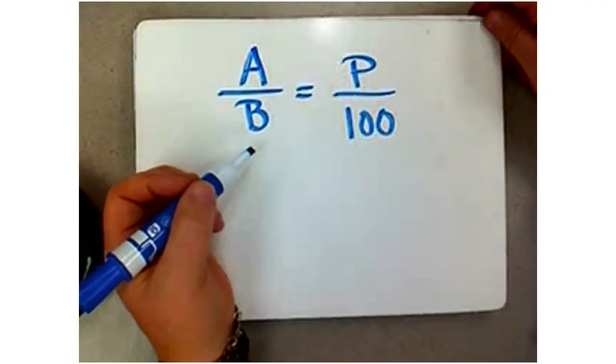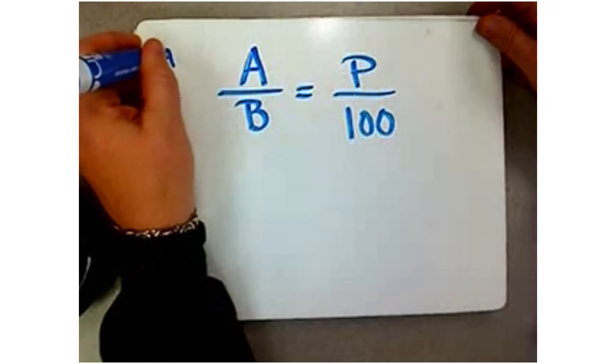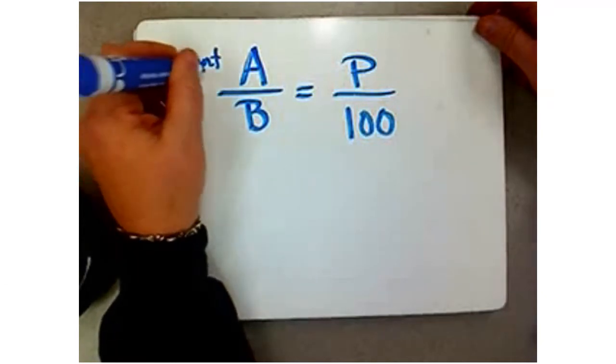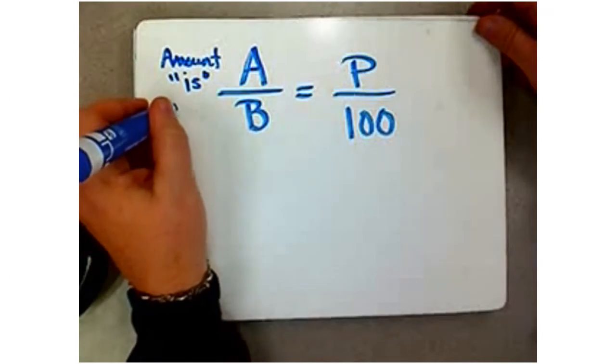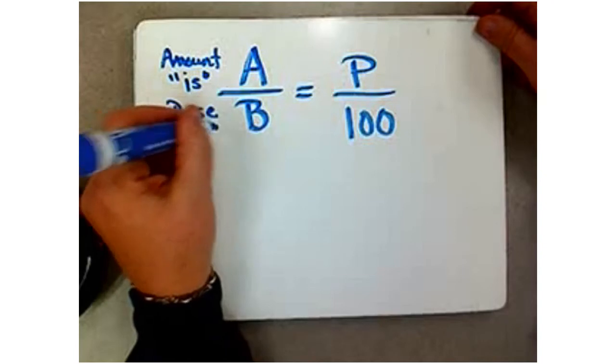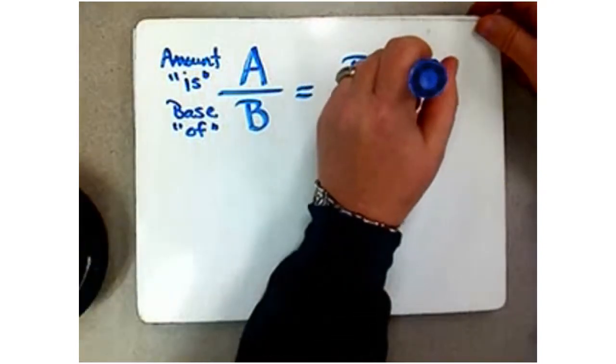That's how you're going to solve your percent problems, and this works for all percent problems. The A is the amount, or the "is" part of our problem. The B is the base, or the "of" part of our percent problem. And then the P is the percent.